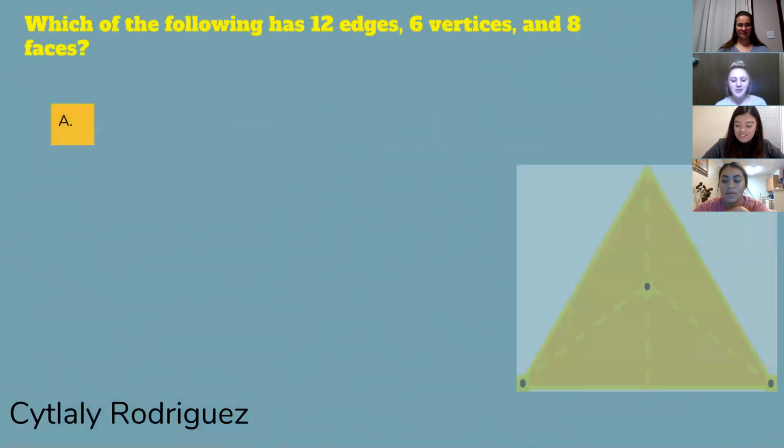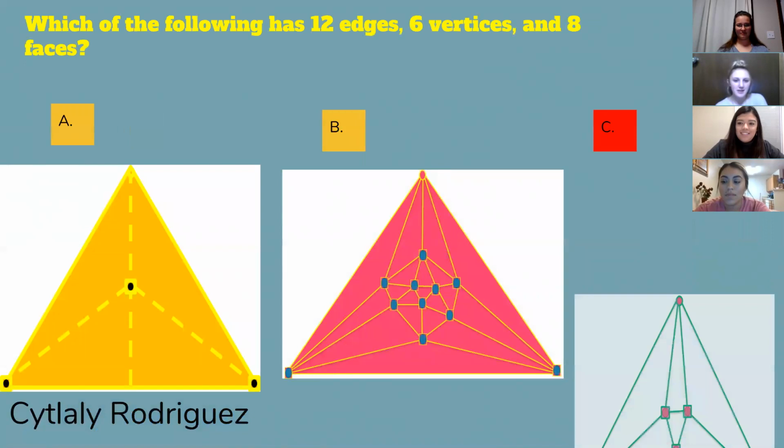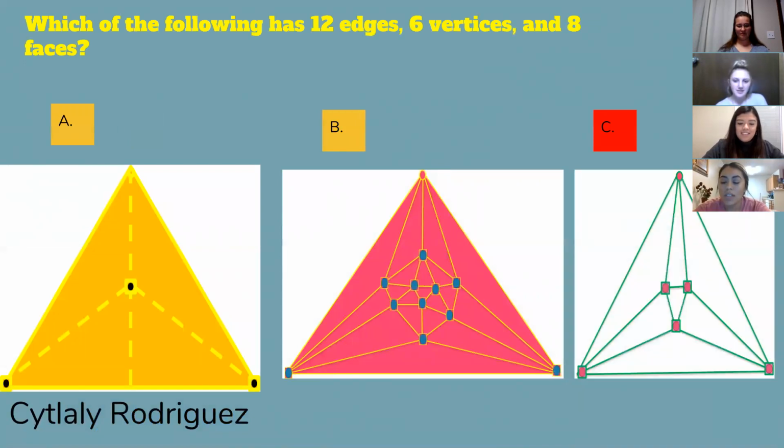Cece, can you tell me which of the following has 12 edges, 6 vertices, and 8 faces? Of course, Claudia. I will explain to you. Let's start with letter A. As we can see, letter A has 4 triangle faces, 4 vertex corners, and 6 straight lines.